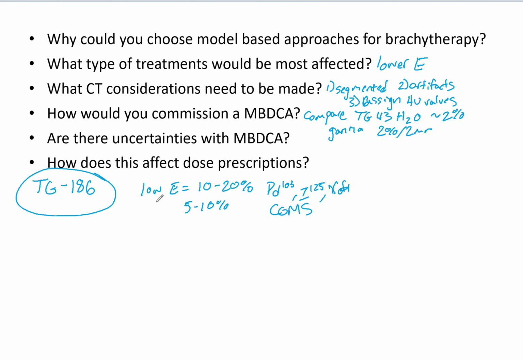However, the recommendation is to use TG43 until further research is done. So, understand why this dose prescription may in time change, but for right now, the recommendation is to use TG43 until further research is done.